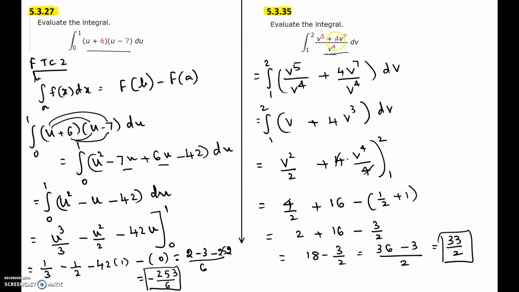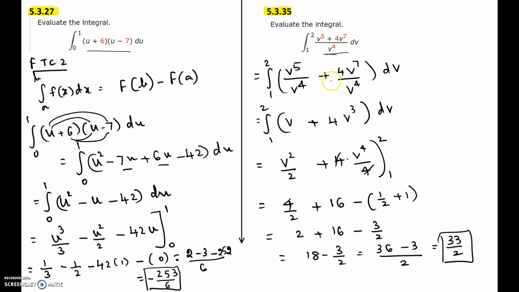Same way, the integral of the quotient is not the quotient of the integrals. You cannot take the integral of the numerator and divide by the integral of the denominator. Same way, in this problem 27, you cannot take the integral of the first one and multiply with the integral of the second one. So we have to bring this to the power rule.